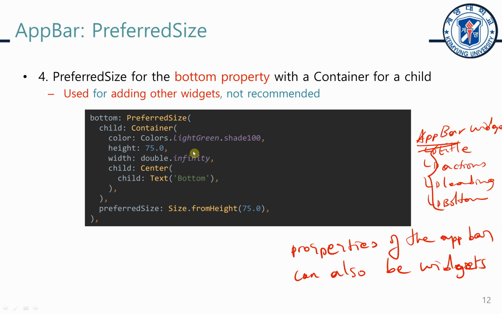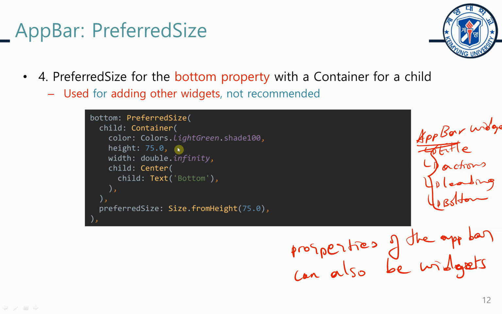But here, if we use the bottom property in the upper bar, and then to set the bottom property, if we use the preferred size widget, then we can make our app look more visible, right?